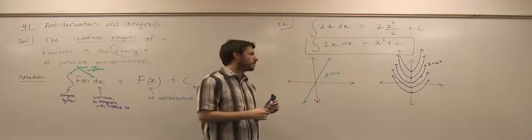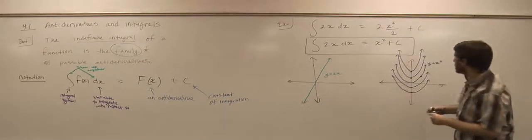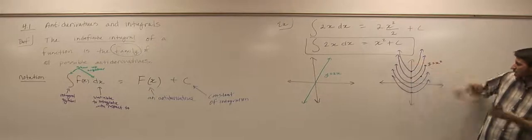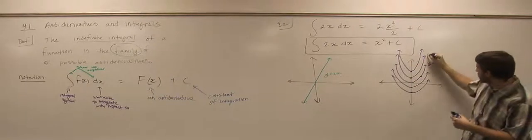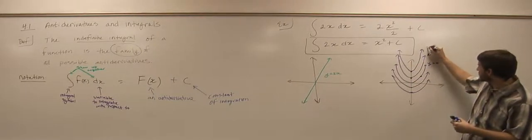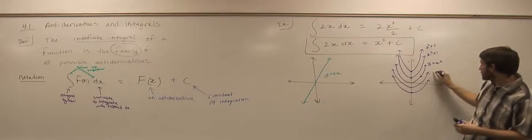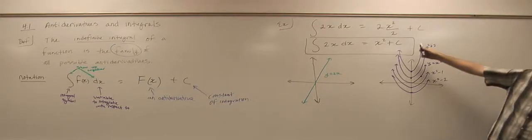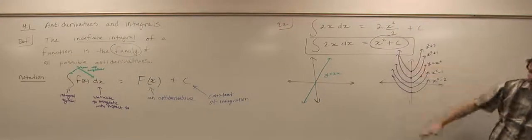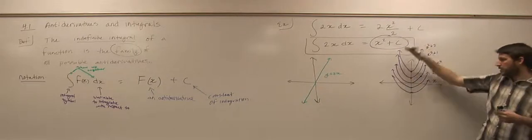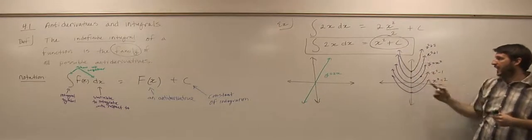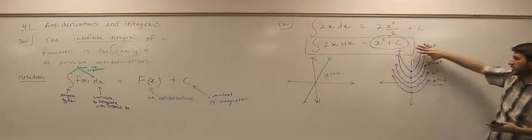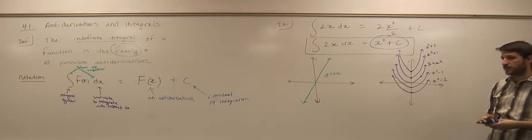This one would be x squared plus 1, this one would be x squared plus 2, this one would be x squared minus 1, x squared minus 2. So this formula means all possible constants being added to x squared. You want to think of the indefinite integral as a family of functions, not just a single function.